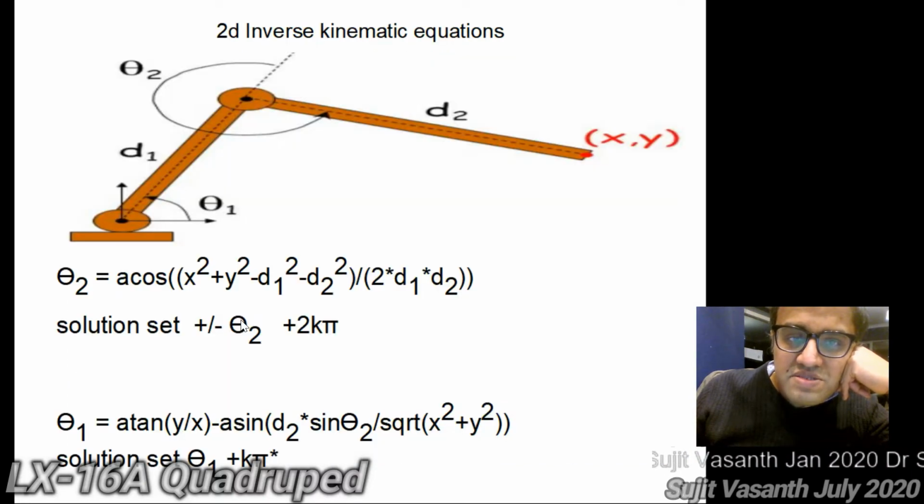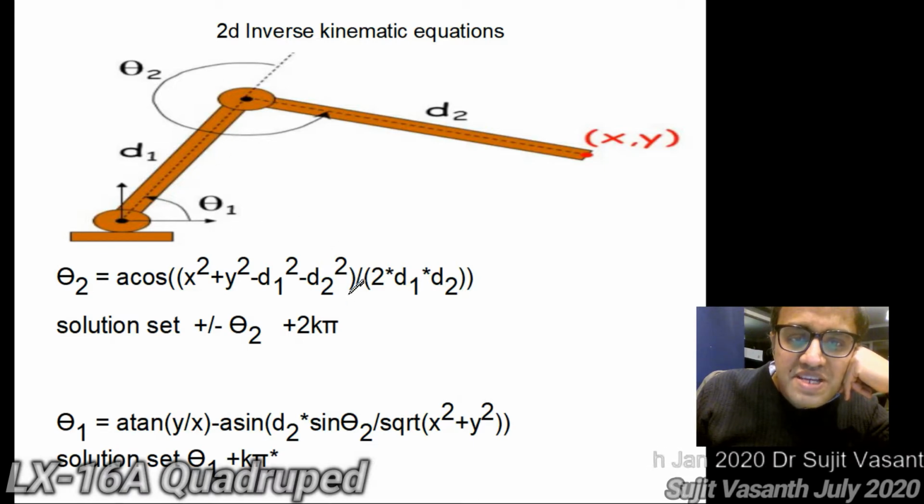So this is what is actually happening. This point, X, Y, and Z. So X, Y in this case, so it's two-dimensional. This is produced by the movement of these two robotic arms through angles theta 2 and theta 1.